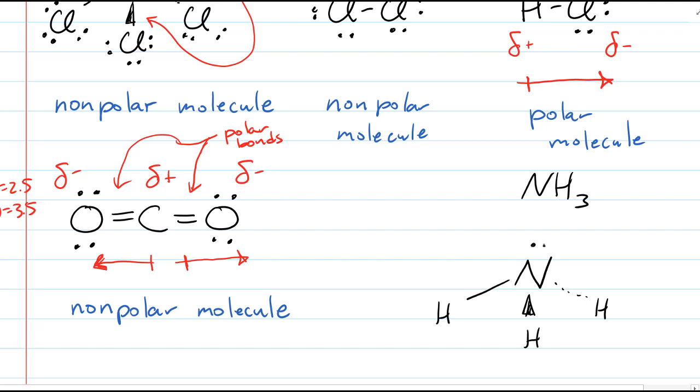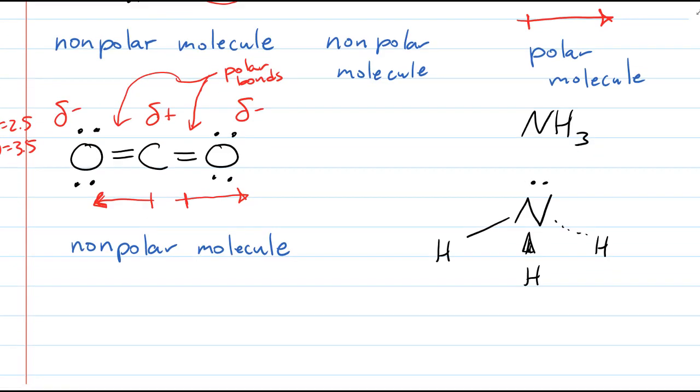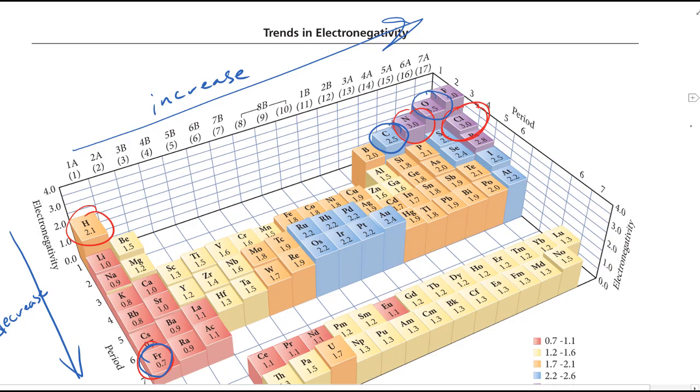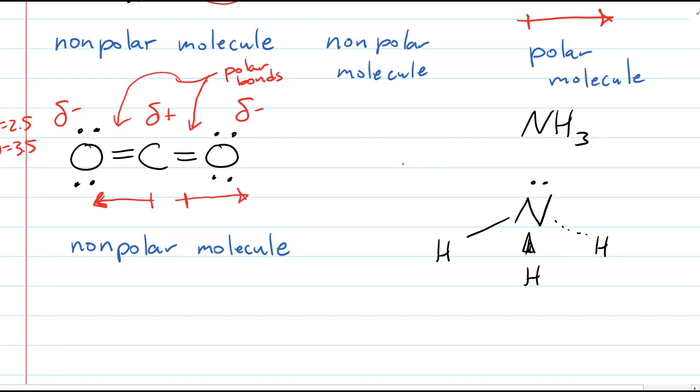And of course, we have the lone pair up above. If we look up the electronegativities on this one, we'd see that the electronegativity of nitrogen sits at 3.0, hydrogen sits at 2.1. So again, nitrogen at 3.0, hydrogen at 2.1.